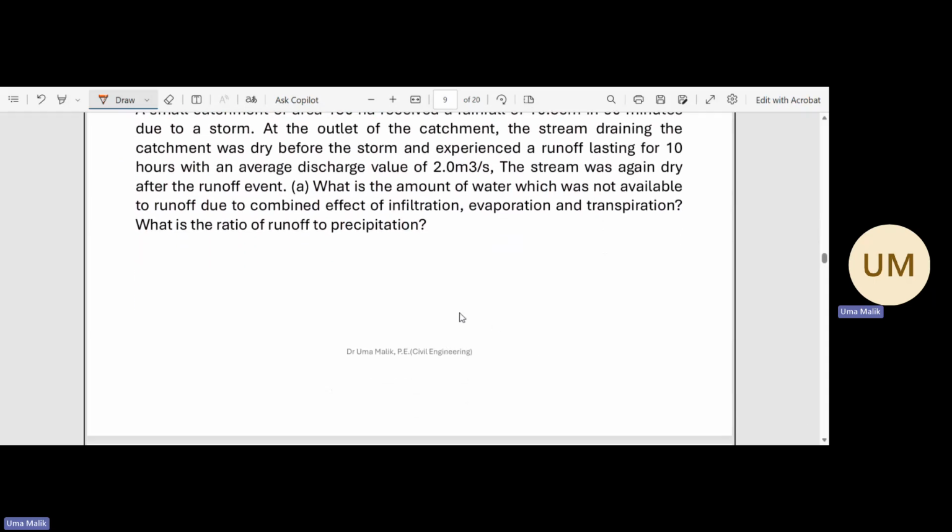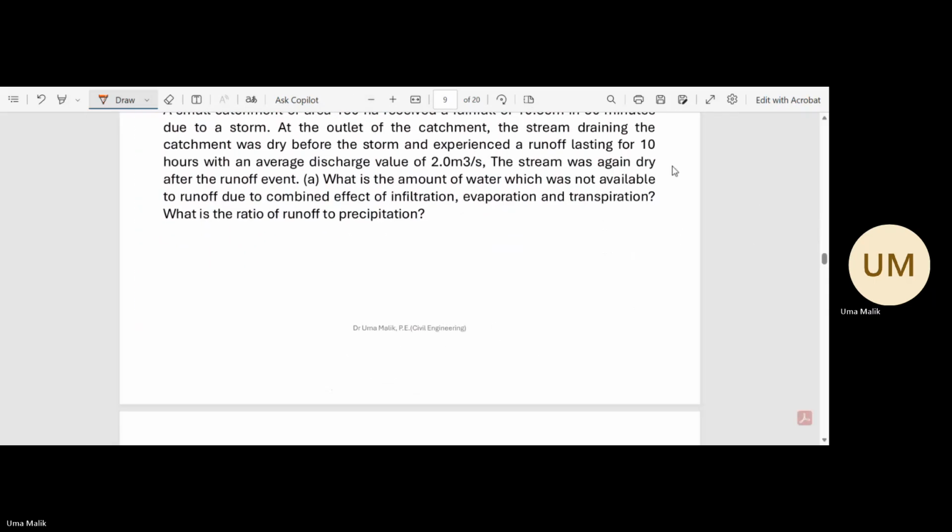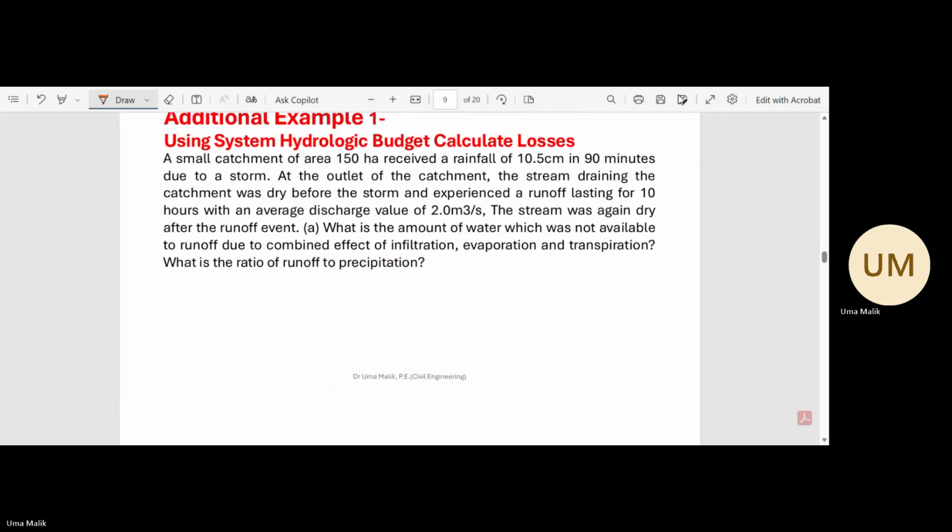The statement says that we have a catchment area of 150 hectare. Let's just read the statement. So this is given to us.